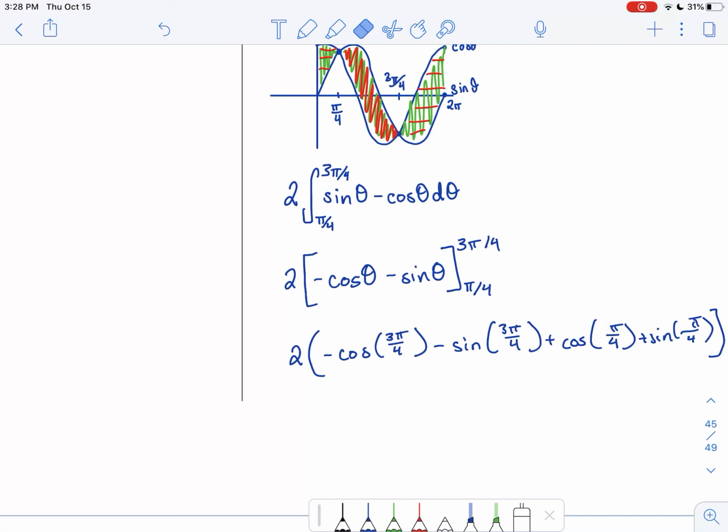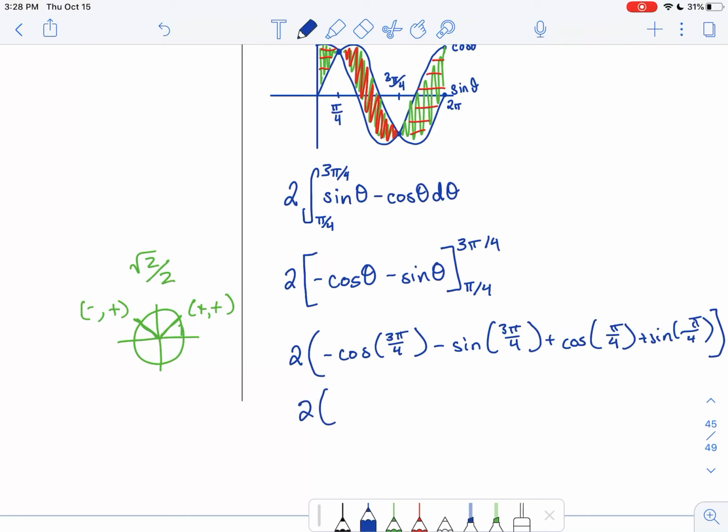If you remember, all the pi's over 4 are going to be on the unit circle as root 2 over 2 plus or minus. 3 pi over 4 is here, so you've got a negative cosine, a positive sine. And then here they're both positive, and they're going to be root 2 over 2.